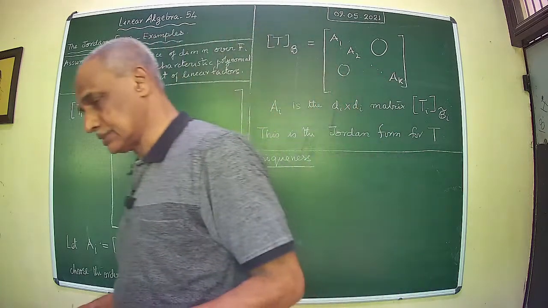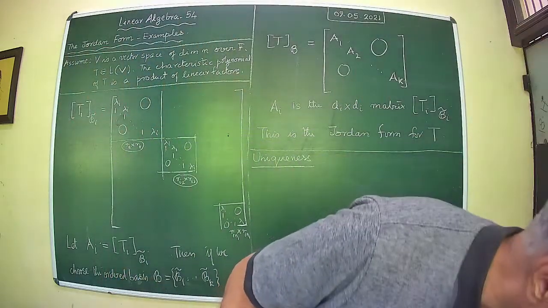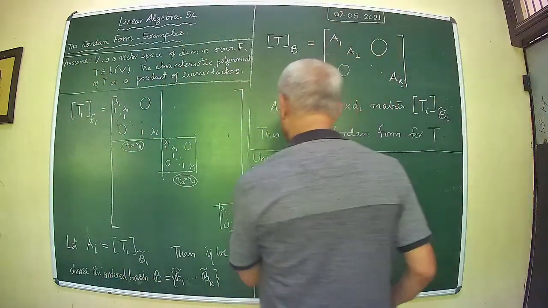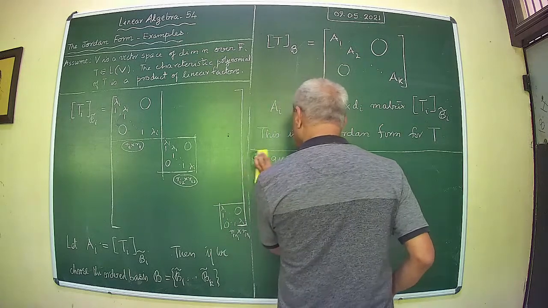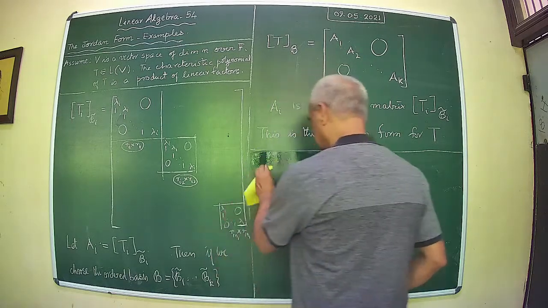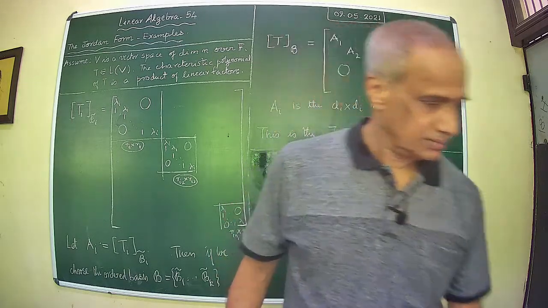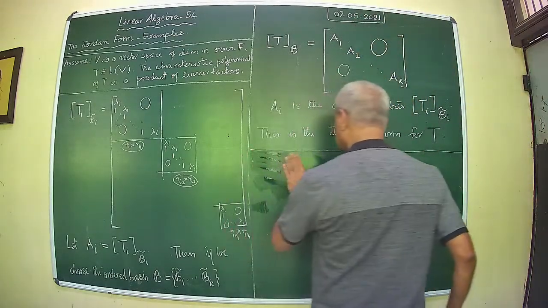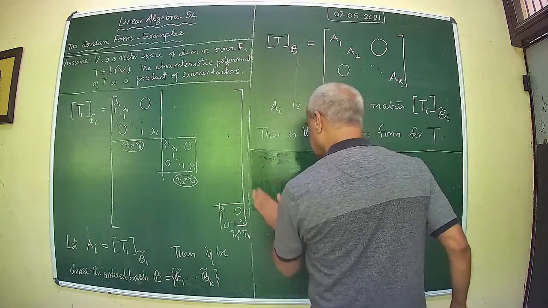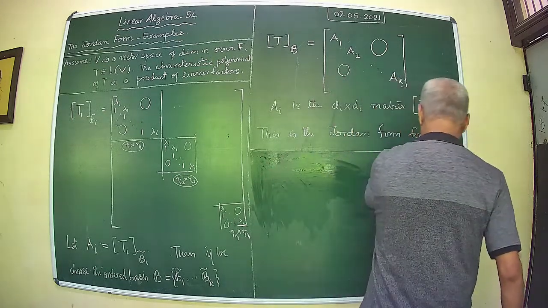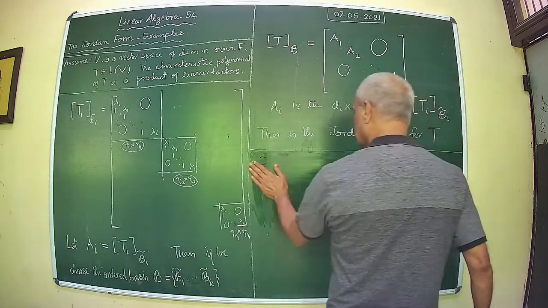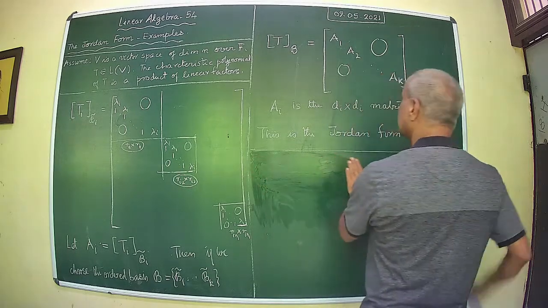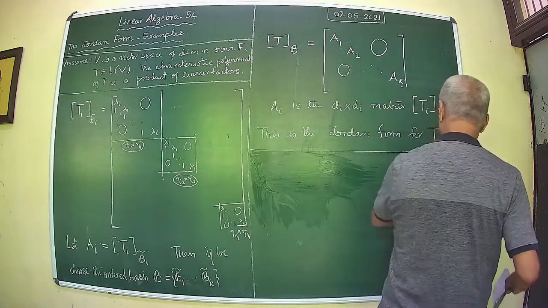So let us define that first and then go like this. Any matrix in this format is what you call a Jordan matrix.